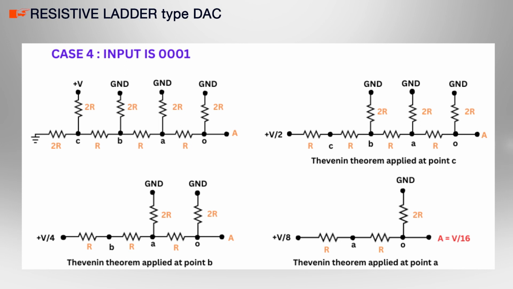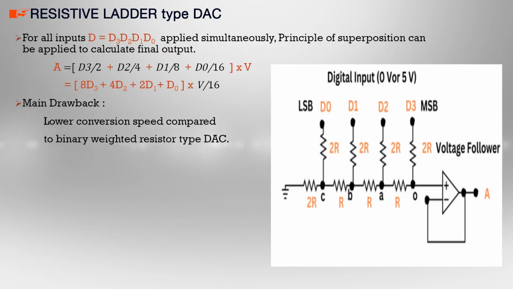After solving that, you will get output V by 16 at node O. For all inputs applied simultaneously, the principle of superposition can be applied to the circuit, because the circuit is a linear circuit, and the final value calculated is given by the equation shown below.